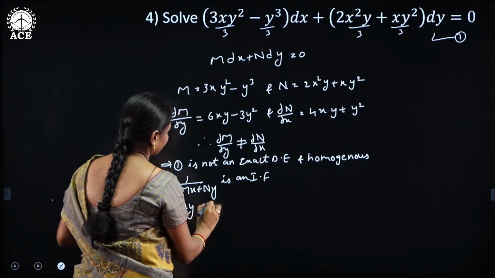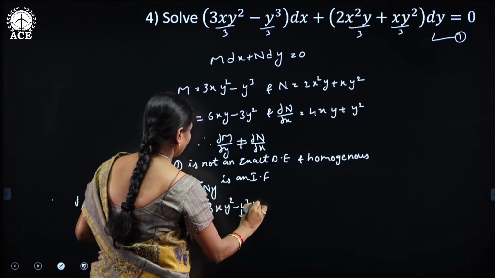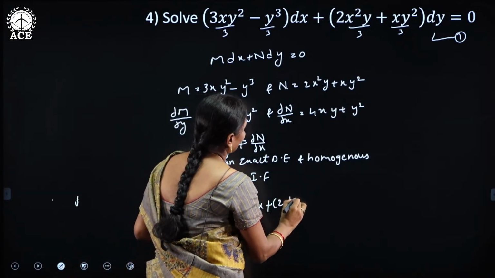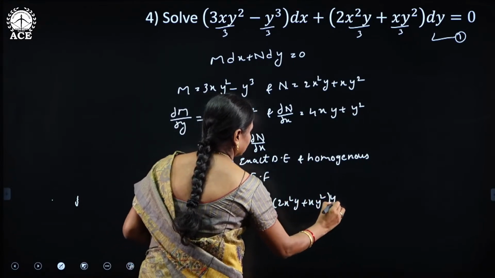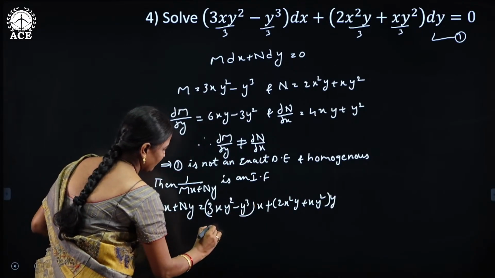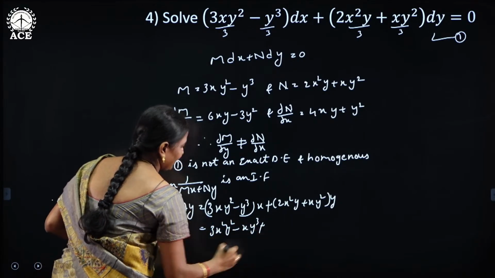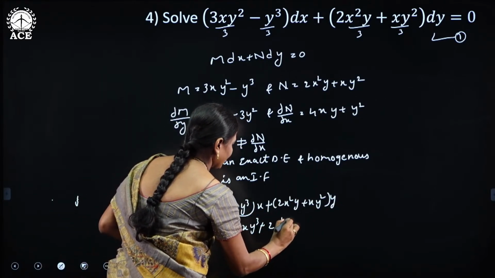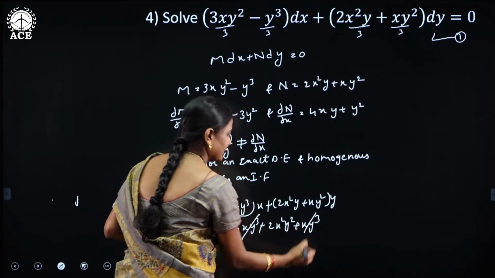What is the given M? (3xy² − y³)x + N, N is (2x²y + xy²)y. Multiply the first expression with x, we get 3x²y² − xy³, plus, multiply the second expression with y, 2x²y² + xy³. Here −xy³ and +xy³ get cancelled.